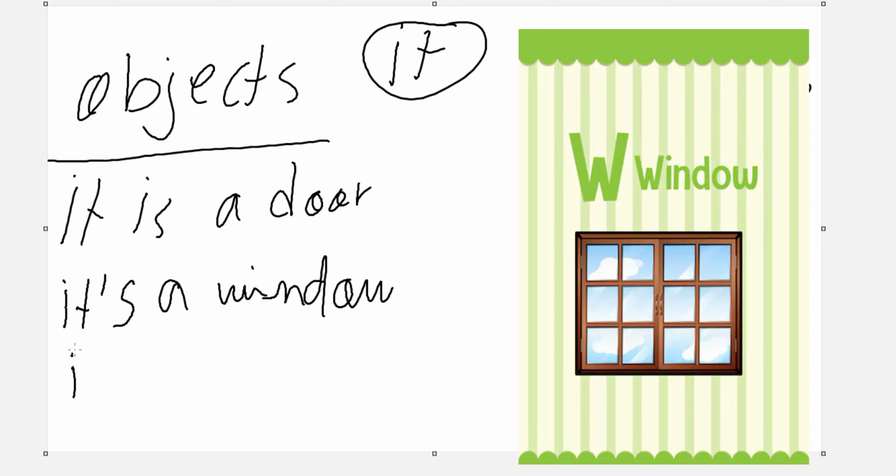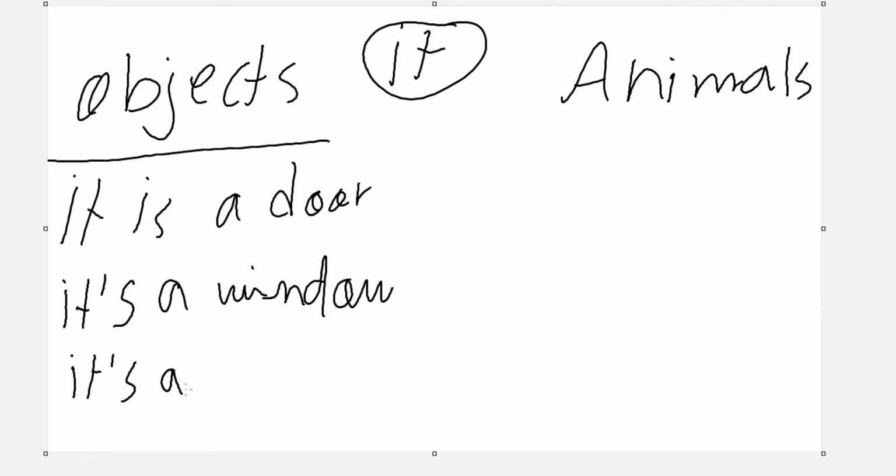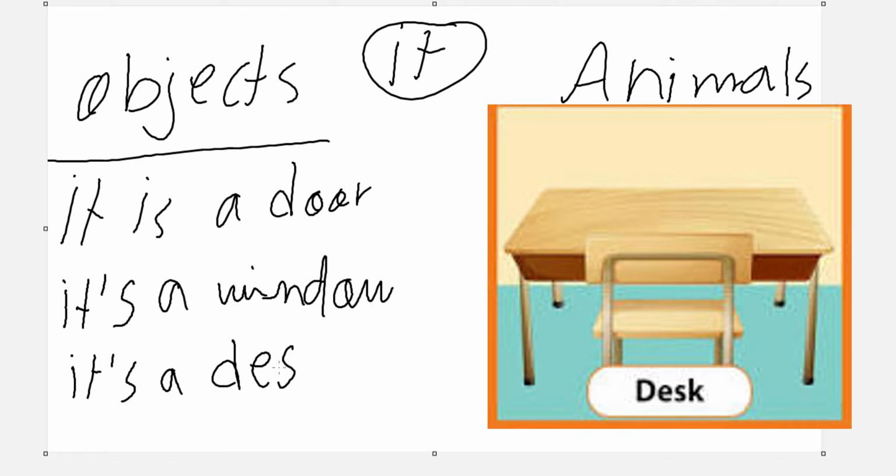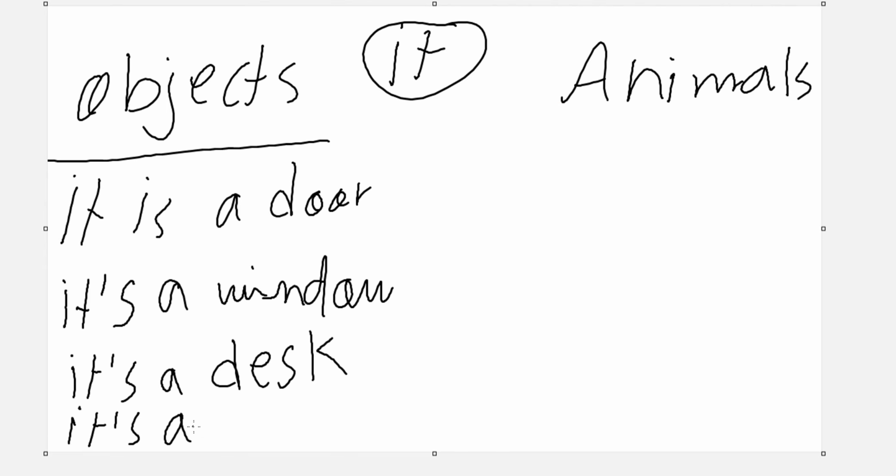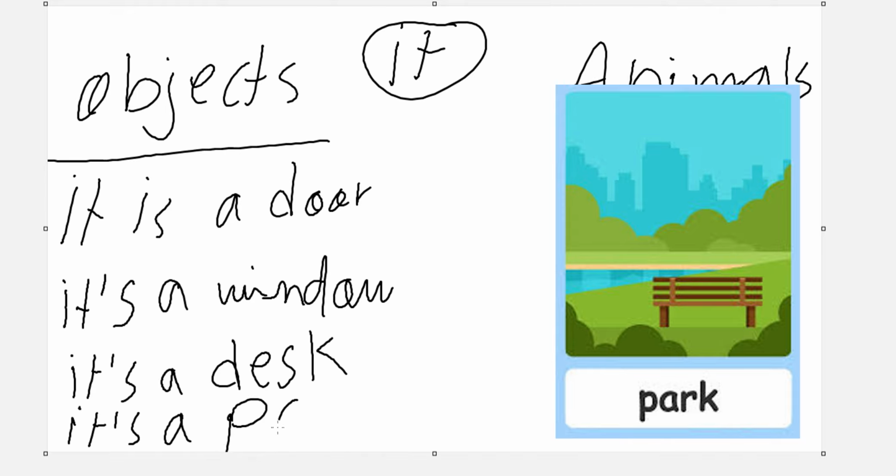Window, it's a desk, okay? It's a, for example, place, it's a park, okay? It's a park. So we use it with anything.